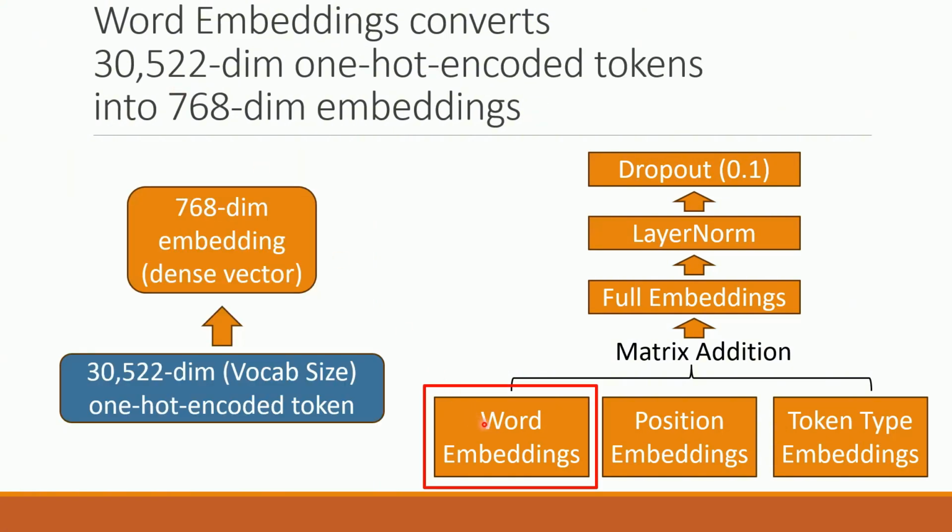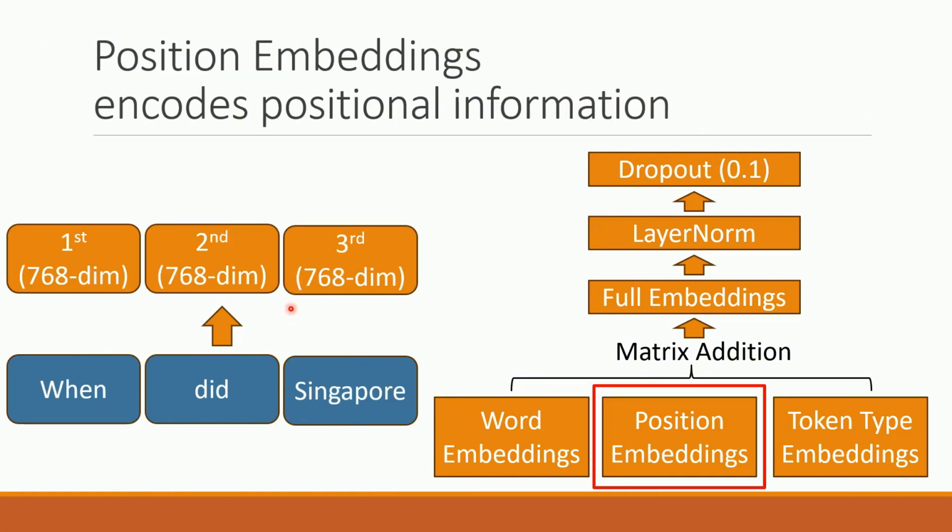So there are three parallel operations that happen at first. So firstly, for word embeddings, it turns the 30,000-plus dimension, which is the vocabulary size, one-hot encoded token into a dense vector, which is 768 dimension. And the position embeddings, they encode the positional information in the sequence.